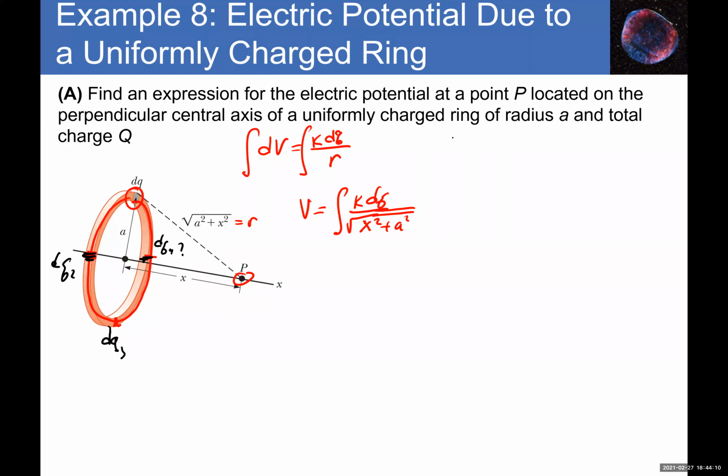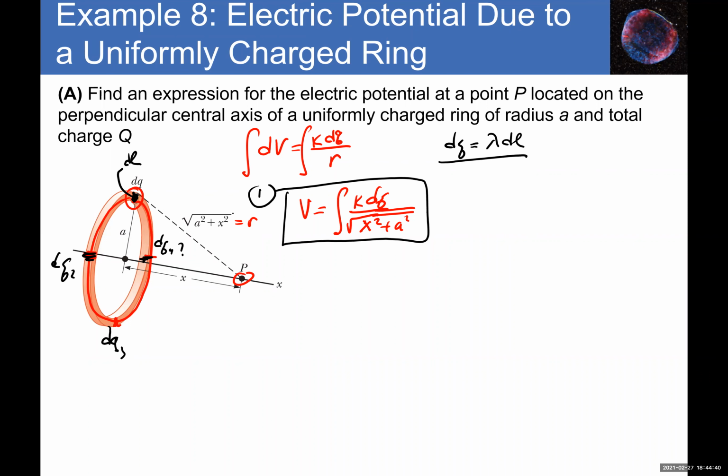Because the idea here is this. Remember, dq is equal to lambda dl, where dl is a small arc length element. One thing I can do is replace dq with lambda dl, but I can also use this equation, which is version 1, leaving dq there. The reason I can do that is that any of those elements, dq1, dq2, dq3, dq4, have exactly the same distance r.